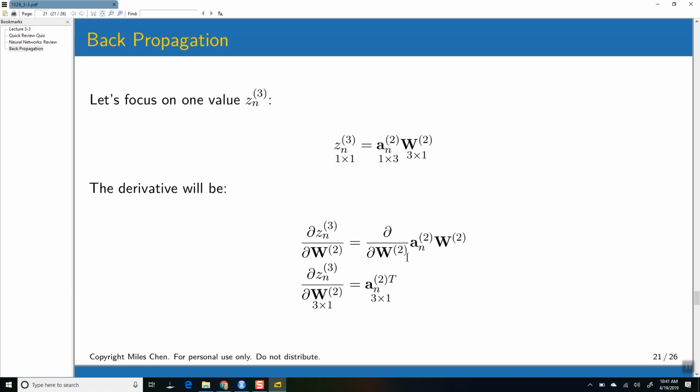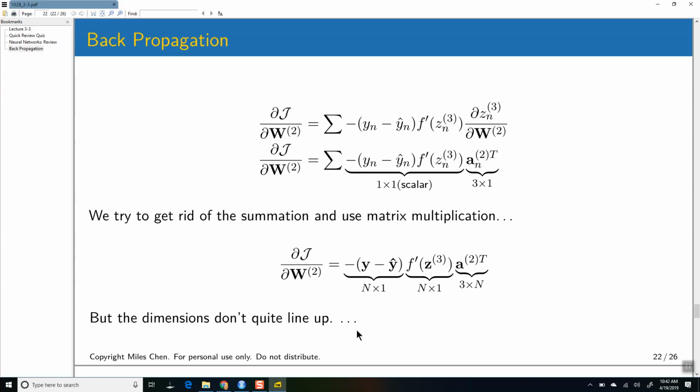So here I get the derivative of this with respect to W2 is going to be A sub n, the nth row of our A matrix, our A2 matrix, transpose, which will be 3 by 1, okay? So for one value, it's going to be the nth row of the A matrix transpose, and we get 3 by 1 here. Is that all right? Okay, so I'm going to go ahead and throw that in here.